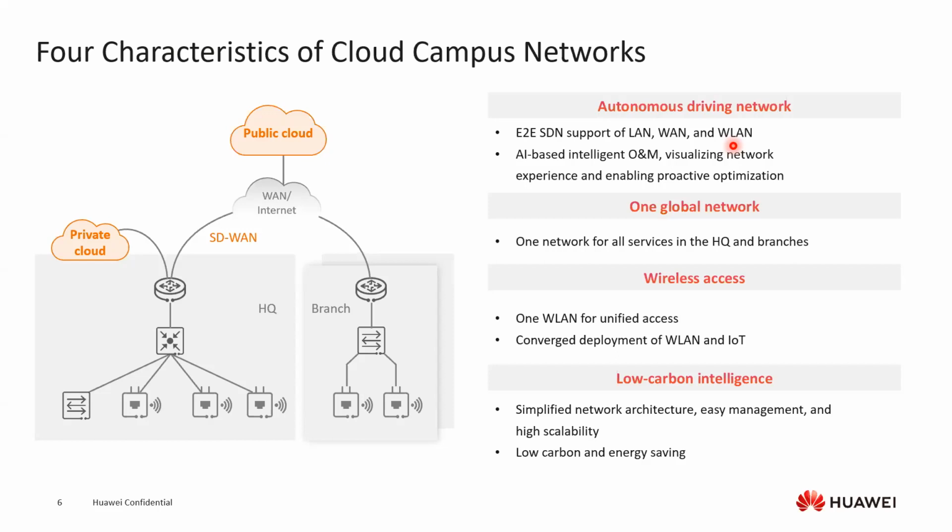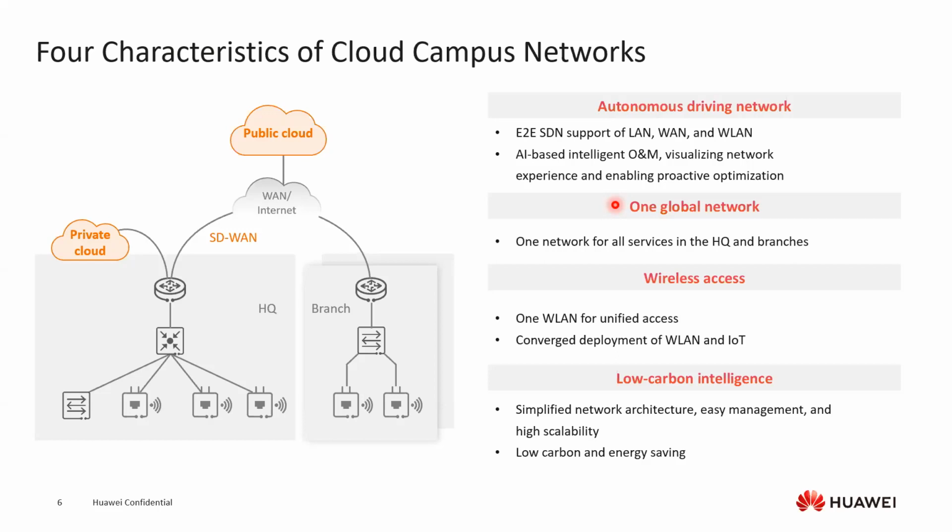SDN eliminates the need to manage, operate, and maintain a network using traditional network management and O&M methods, but instead it enables network service provisioning and network policy deployment to be carried out in a centralized and simplified manner. Cloud campus networks also support AI-based management and intelligent O&M, making networks more intelligent.